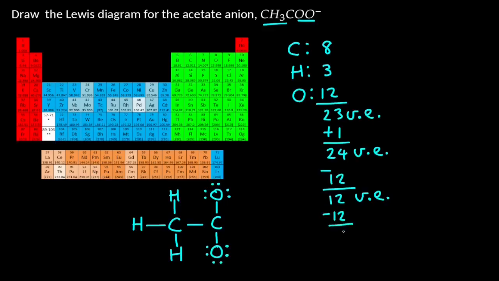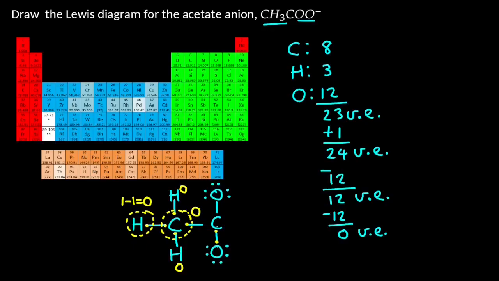Well, hydrogen can only take 2 electrons in its valence shell. And now we can calculate the formal charge on each atom. So the hydrogens have a formal charge of 0. And now for the central carbon, that has 4 valence electrons minus 4 assigned electrons. So that also has a formal charge of 0.